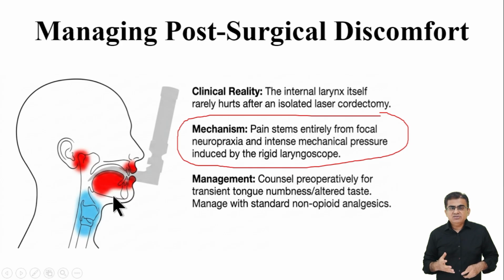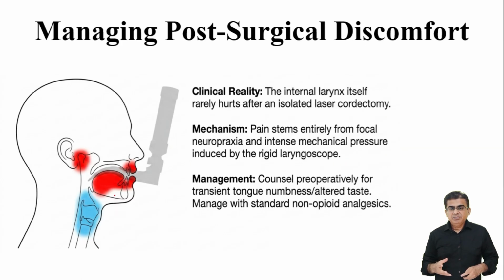You must actively counsel your patient about this specific pain before the surgery happens. If they wake up with a numb tongue, they will be terrified unless you have explicitly warned them first. Fortunately, you can easily manage this exposure-related discomfort using standard non-opioid pain medications.